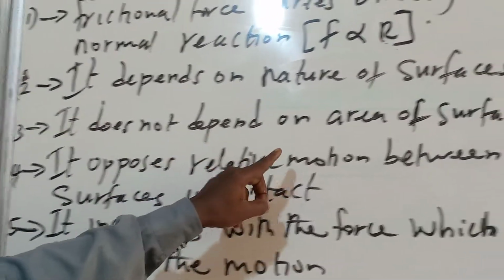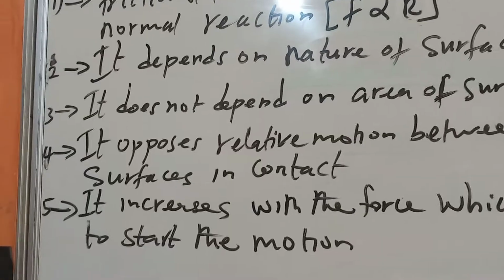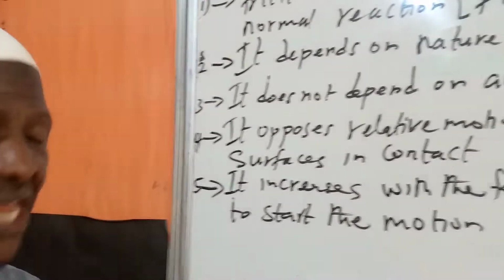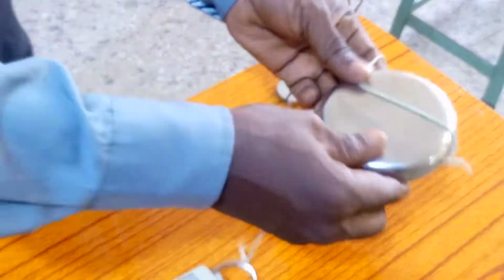Now let's go to the next one. The next one is it does not depend on area of surface in contact. That is, it does not depend on whether the surface is wide or narrow, or whether it's small or big. Let's try that again on this object. This object has two different surfaces. This is one, which is very small compared with this.